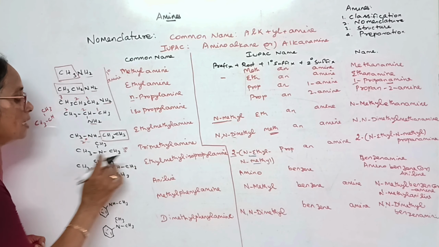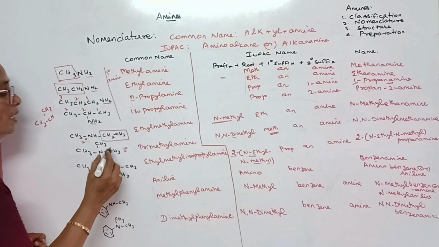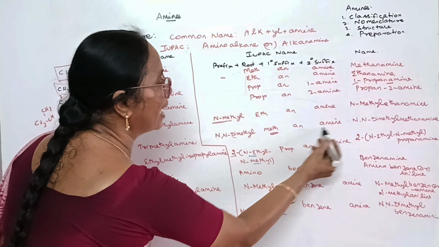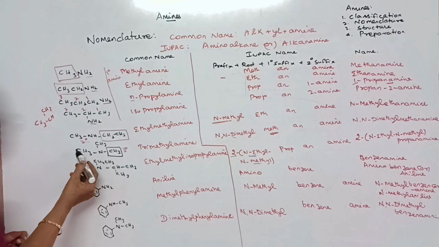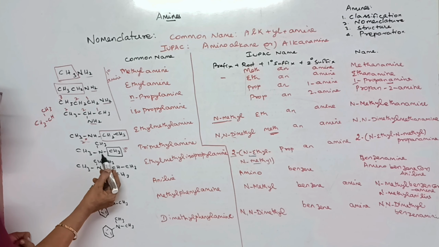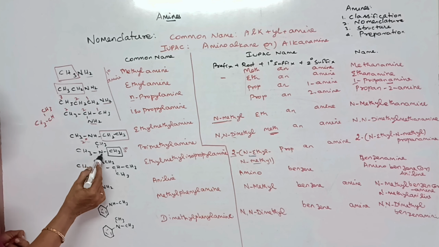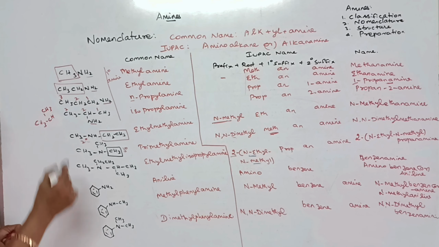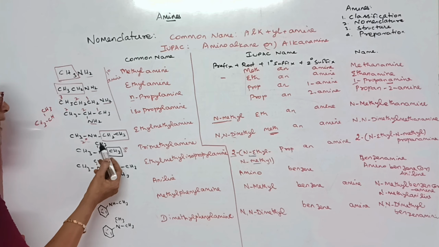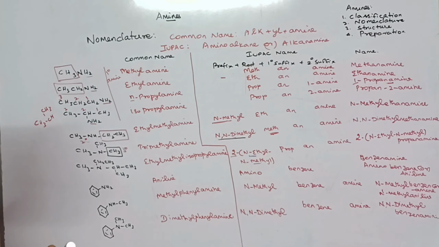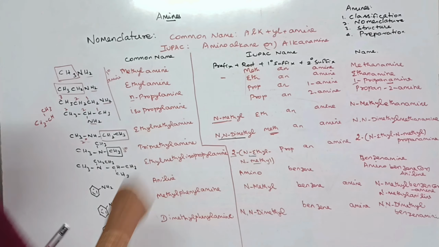As all the methyl groups have only one carbon, one of the methyls is taken as the parent chain. The other methyl groups become part of the nitrogen, and both of them are the same. So instead of writing N-methyl, I can write N,N-dimethyl. So the name is N,N-dimethyl methane amine.